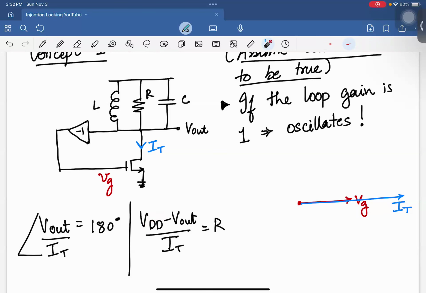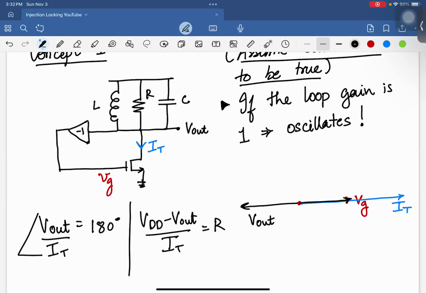Or R is minus V out over IT. And that's why IT and V out are out of phase. Okay. So V out would be in this direction, right? And then when we go through this inverter, V out gets flipped again, and then we come back to VG, which is out here, right?